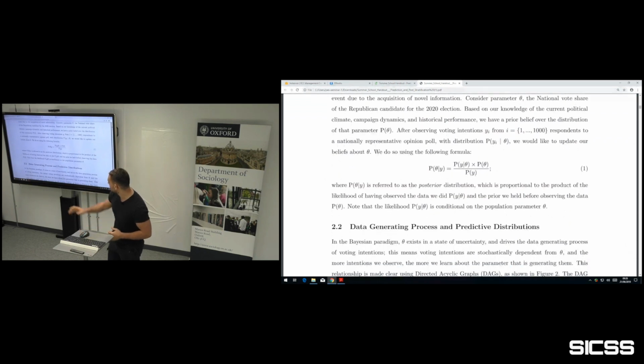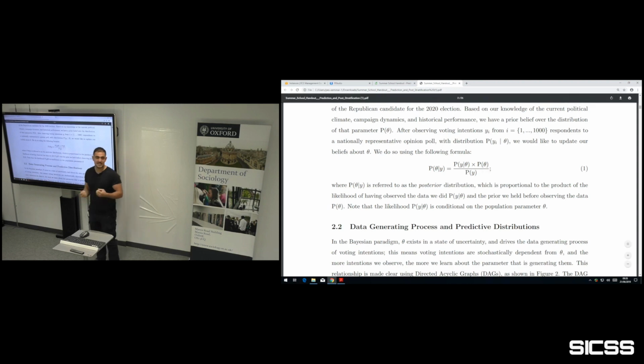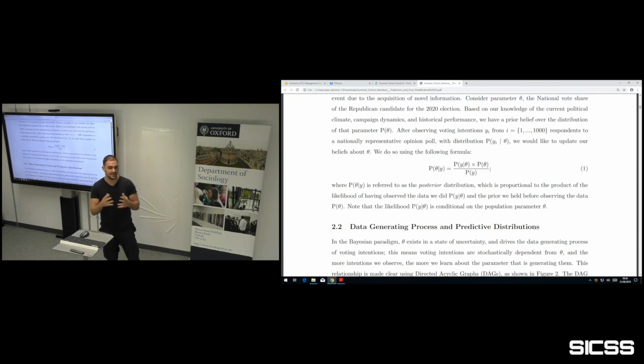So first of all, this formula here is Bayes' theorem. You all know it. Bayes' theorem is a way to update your belief about the occurrence of an event after you observe some data. And there are three parts to Bayes' theorem. P of theta. Theta can be an event, so it can be a parameter, any parameter. For example, the probability of voting for a Republican in the population of the United States.